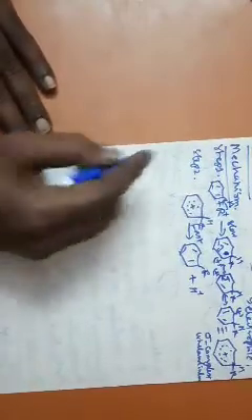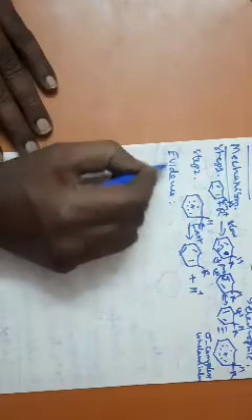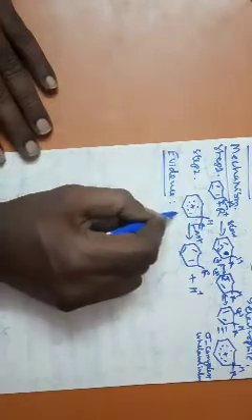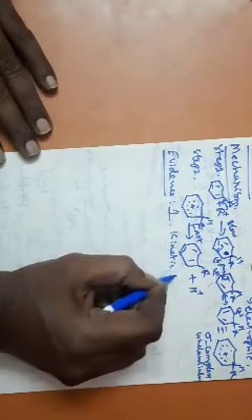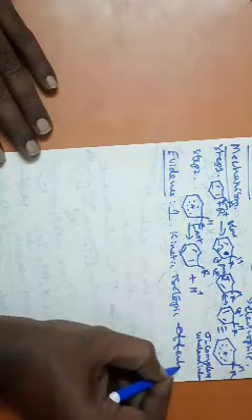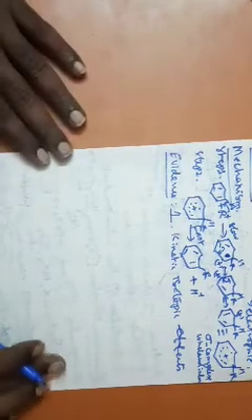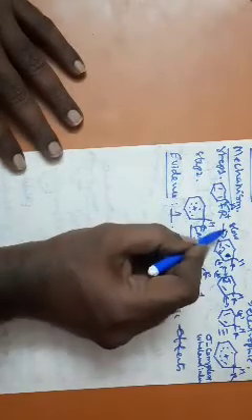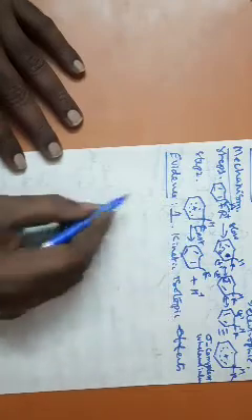Now, what is the evidence? There are many evidences. As usual, the first evidence comes from the kinetic isotope studies. The kinetic isotope effect is studied here also. From that, it was confirmed that the first step is the slow step and the second step is the fast step.